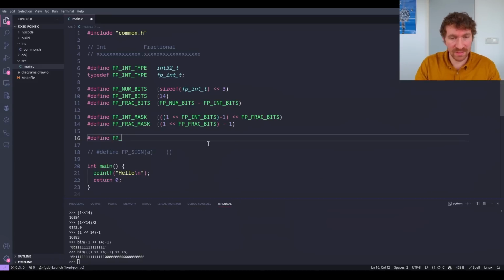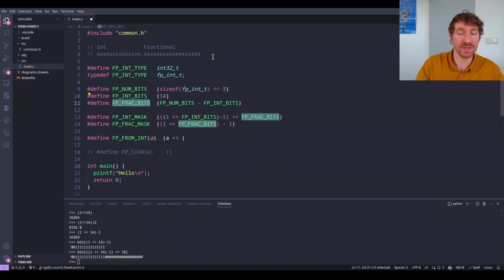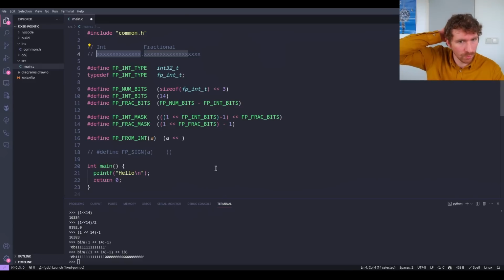This is going to be a fixed point from int. We're going to take in an integer, I'm going to call it a. And what we have to do is take a and shift it up by the fractional bits. So essentially we're pushing the value of our integer up into this part. That's just what we would expect to do with it, right?